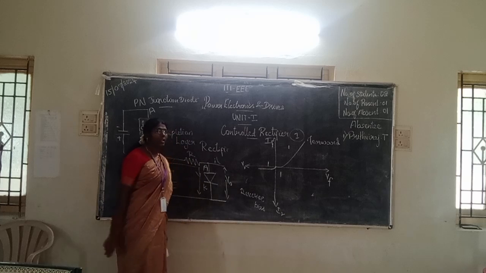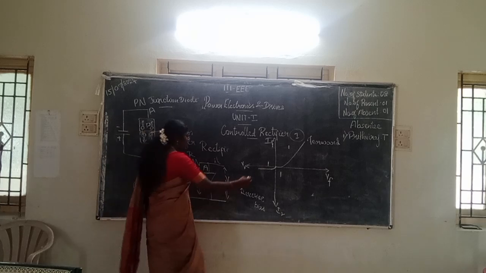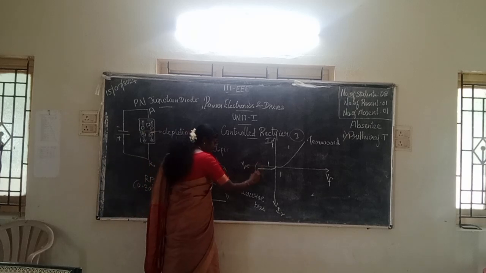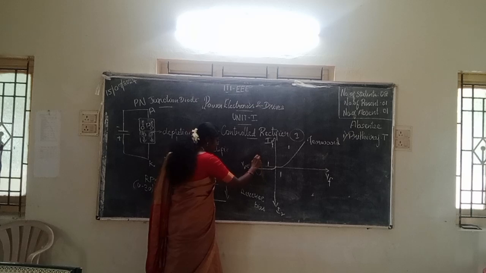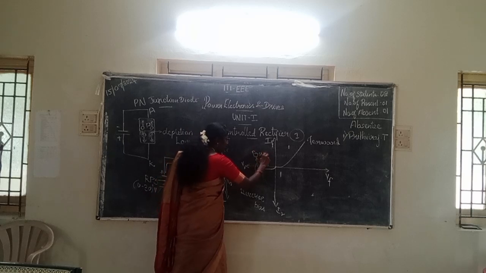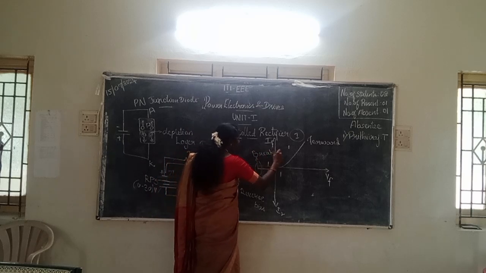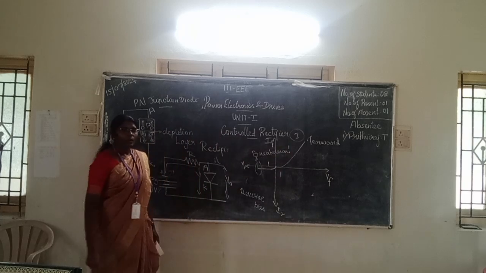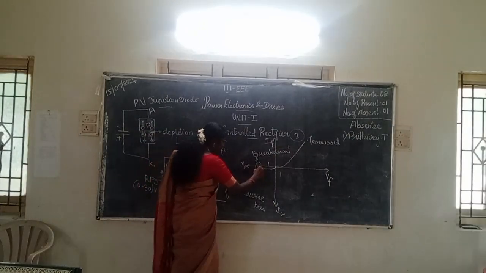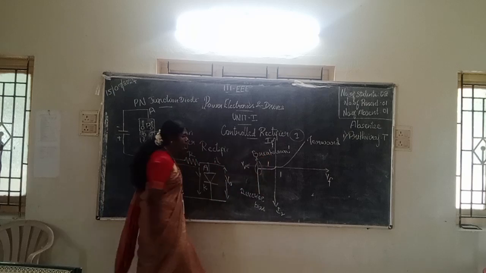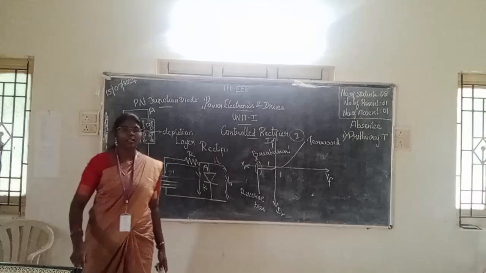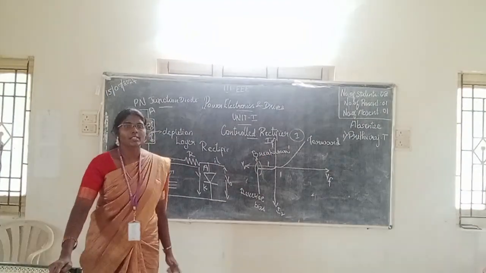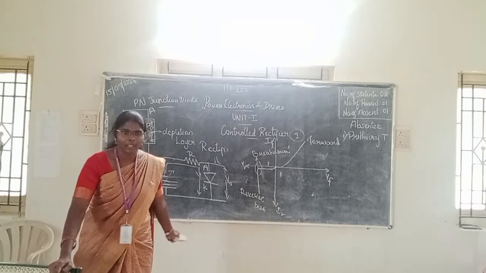After that period, a breakdown occurs. Beyond that, the current will increase drastically. The voltage changes. This is how the operation of the diode will be.